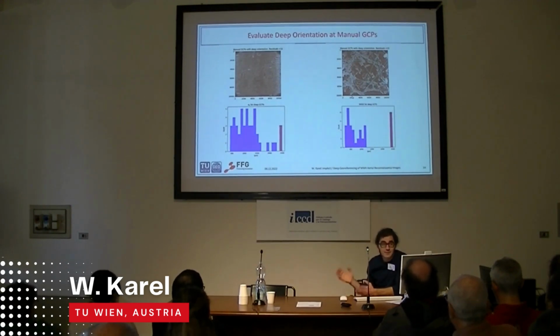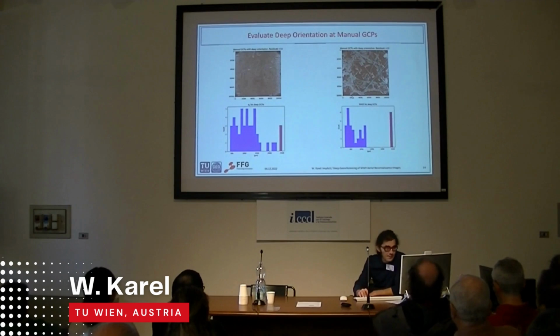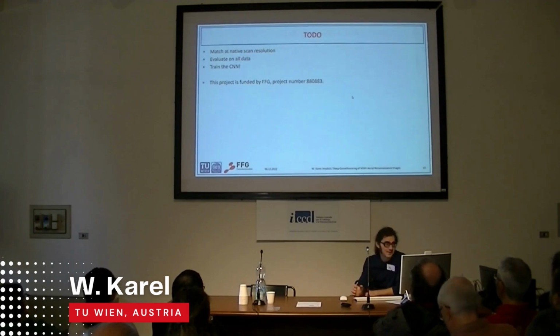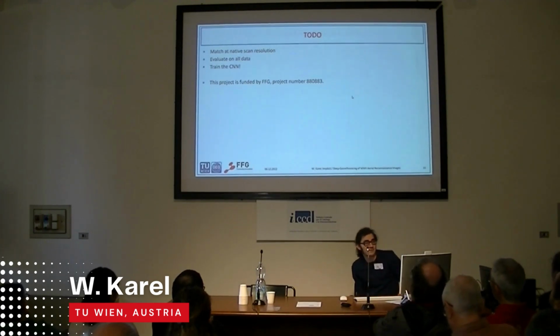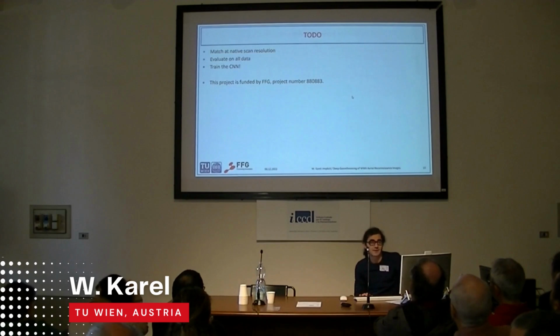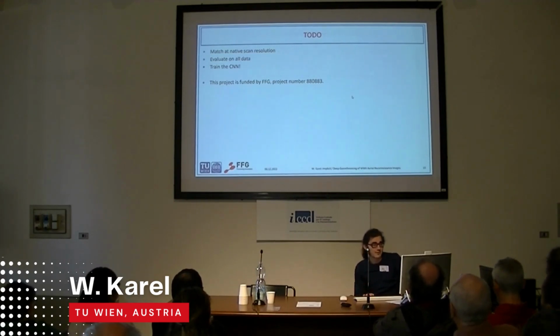Originally they have 10 times more. So I hope to gain at least a factor of, I don't know, 5, which would be great. Then of course this is only a small subset of the data our partner company has available, so this evaluation should be done on all of them.